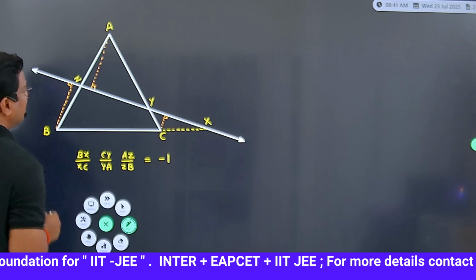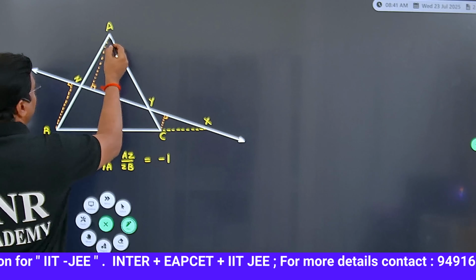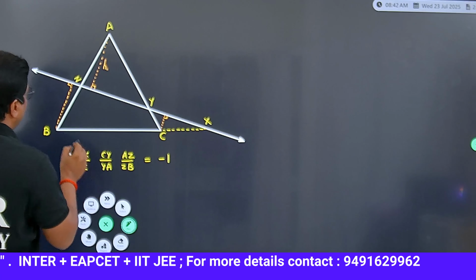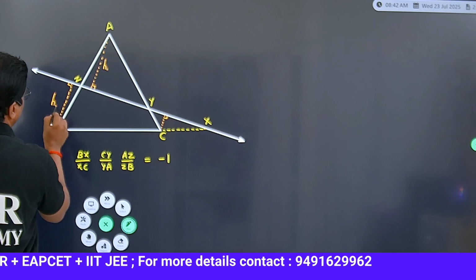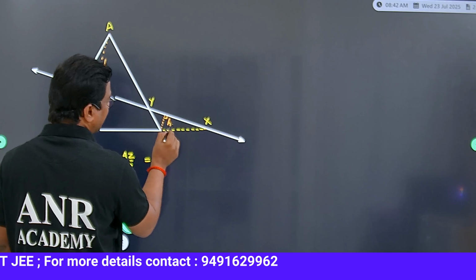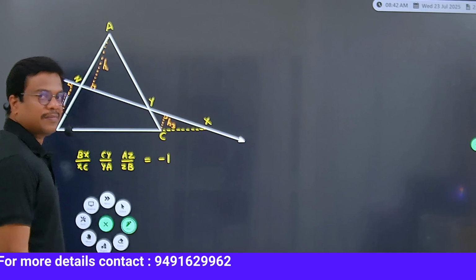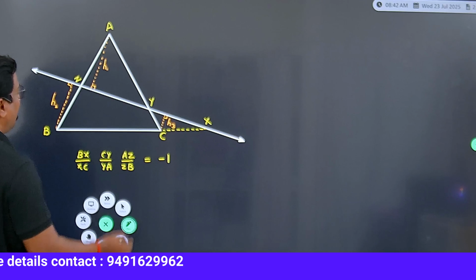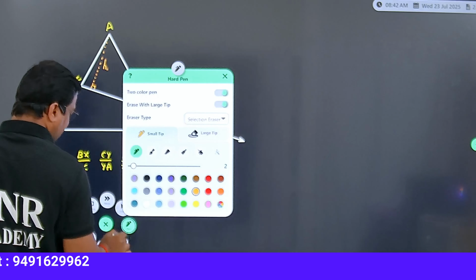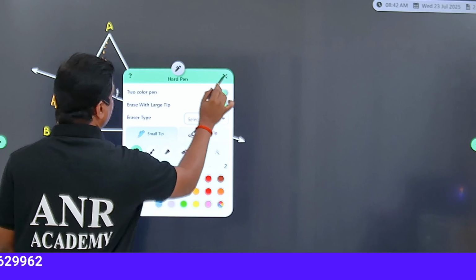Assume that this is of height h1 and this is of height h2 and this is of height h3. And foot of the perpendiculars, suppose that P, Q, R respectively.